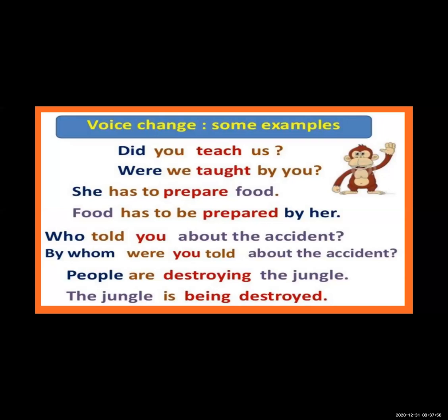The next one, she has to prepare food. In this sentence, food will be there as it is. Has to be, add be, plus prepare becomes prepared. We have seen the formulas about this: when to take you, when to take were, when to take has.